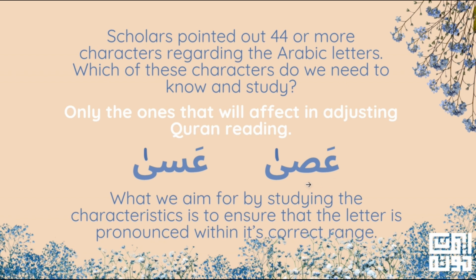And let us take this as an example. The word asa or asa. These are different words and different meanings. And if I mix the sad with the sin, if I did not give the sad its elevation, if I do not give it its itbaq, it will be a sin.